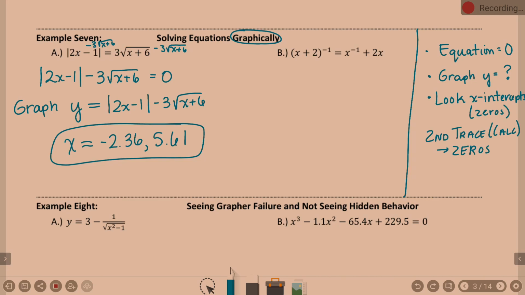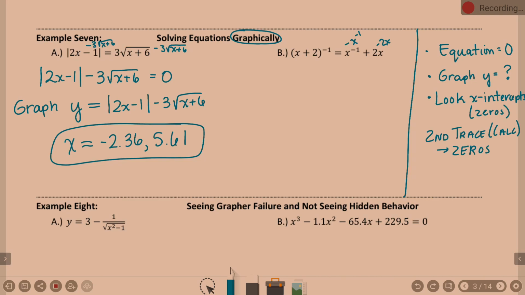Okay? So in this case, if I'm going to get 0 on the right, I already have x plus 2 to the negative 1 on the left. I'm going to leave it as is. Then what? We're going to have to subtract x to the negative 1 and subtract 2x. These are two different terms this time, yes?